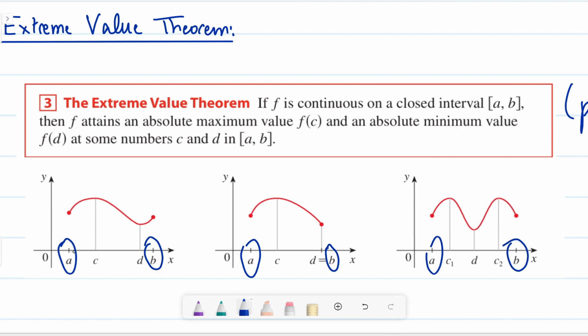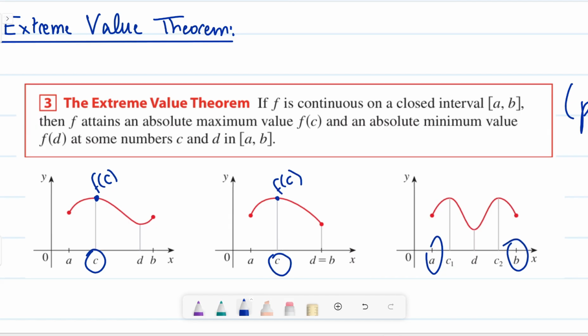So let's see in the graphs, they labeled the maximum value as c, so this is f of c, and we can notice that this is the maximum. And now in the second graph, this is f of c and it's the maximum. And in the third graph, we have f of c1 and f of c2, both are equal and both of them are maximums.